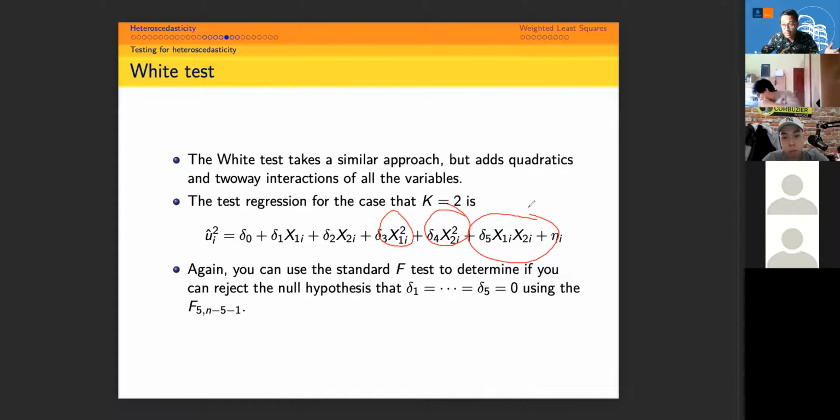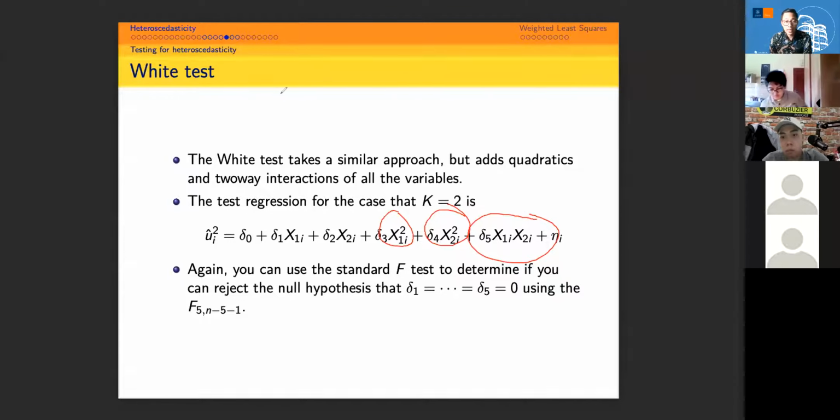It doesn't have to be linear. It could be a quadratic relationship. It could be an interaction relationship between the variables. So the White test accommodates that the relationship between the squared residuals and the variables of interest could be richer than what Breusch-Pagan assumed.